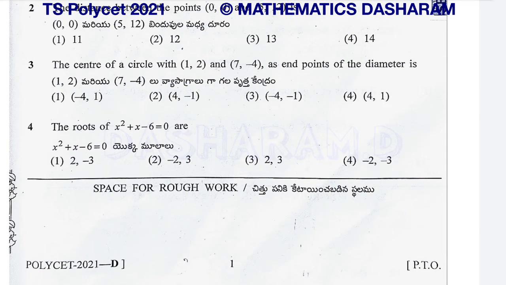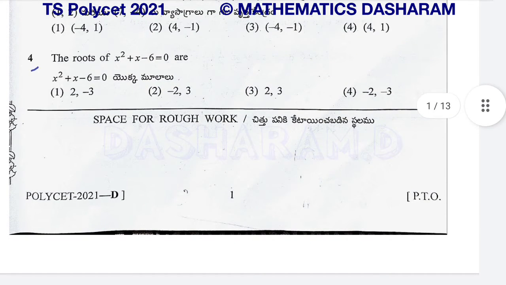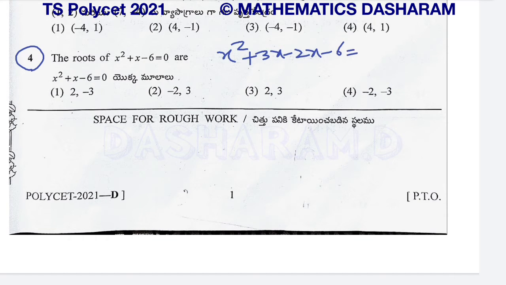Next, question number 4. The roots of x square plus x minus 6 are. So do factorization. Here x square plus x we can write as x square plus 3x minus 2x minus 6 equals 0. Take x common from the first two terms, and from the other two you can take minus 2 common, so x plus 3.